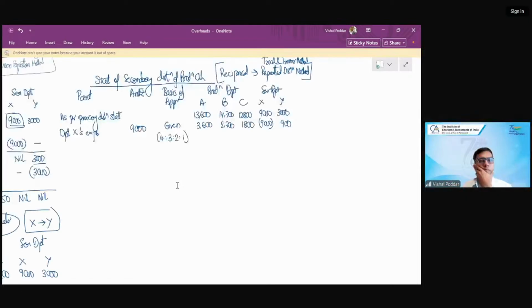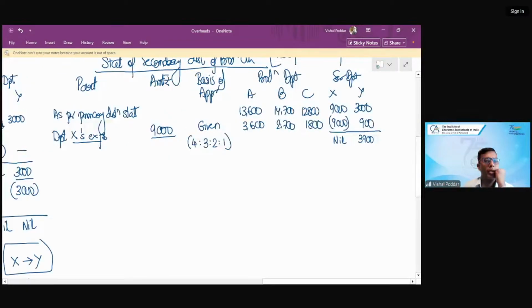So students, we divided department X expenses between A, B, C, Y. Now we make interim totals. X is nil, Y is 3,900.